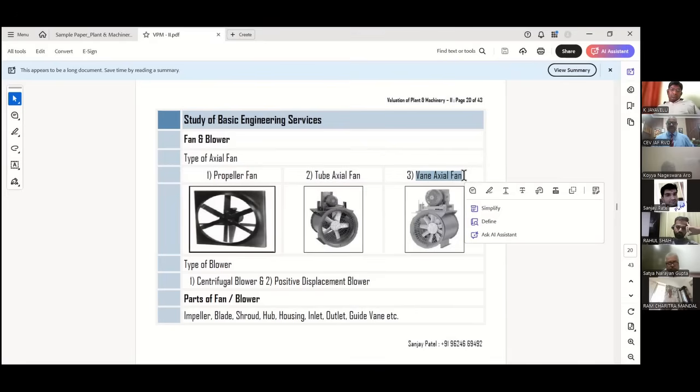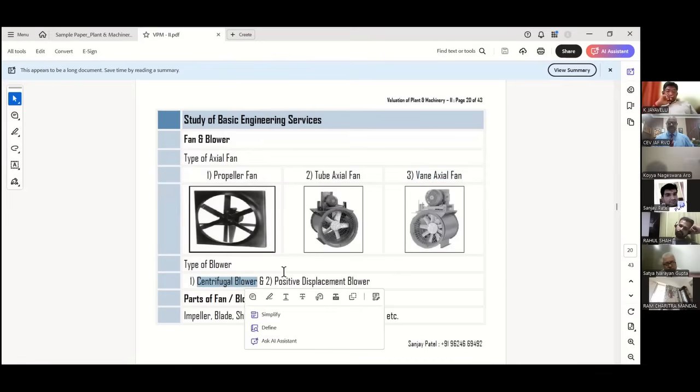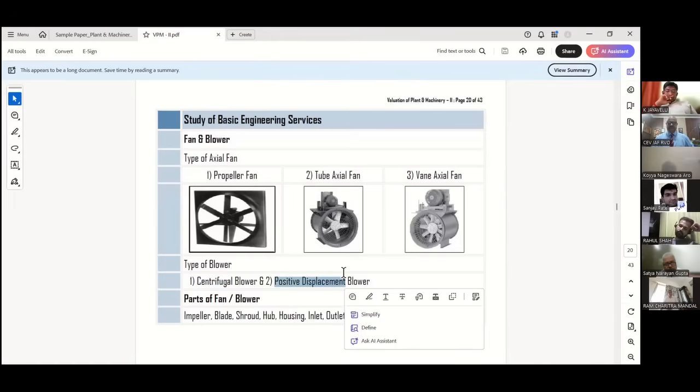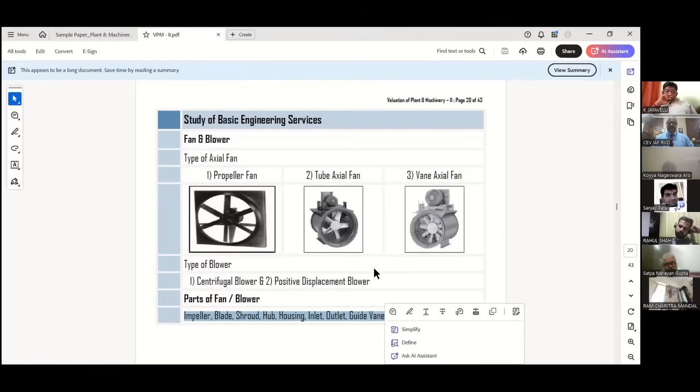So based on the selection, where the required quantity or air current is needed, the fan is selected. Same with blower, we can classify blower into centrifugal blower or positive displacement blower. Parts of the blower consist of the impeller, blade, hood, hub, housing, inlet, outlet, and guideway.